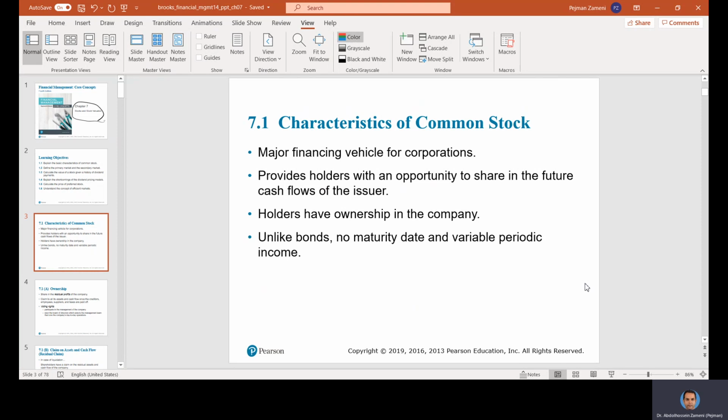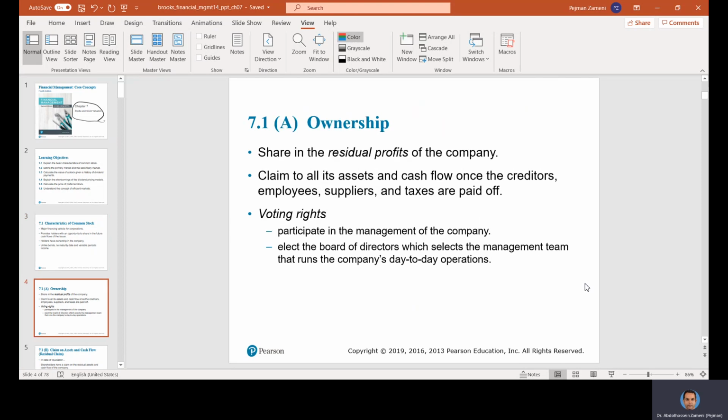Holders have ownership in the company. Of course, you are a shareholder of the company. Unlike bonds, there is no maturity date and there is variable periodic income. Ownership: a share in the residual profits of the company, which I already explained. A claim to all its assets and cash flow once the creditors, employees, suppliers, and taxes are paid off.